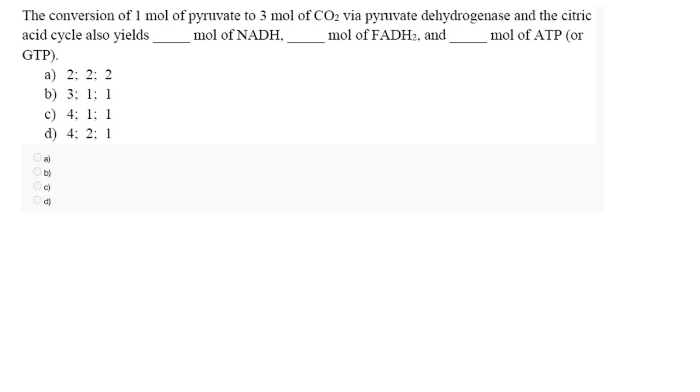Conversion of 1 mole of pyruvate to 3 moles of CO2 via pyruvate dehydrogenase and the citric acid cycle also yields how many moles of NADH, how many moles of FADH2 and how many moles of ATP or GTP? So then we need to see the cycle, right? Do you guys remember the cycle?